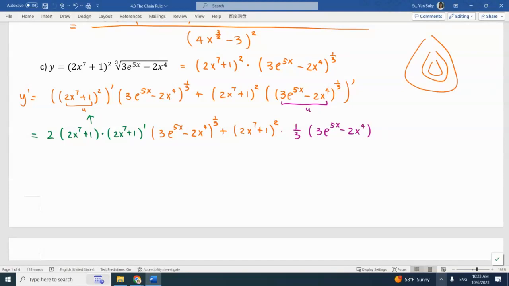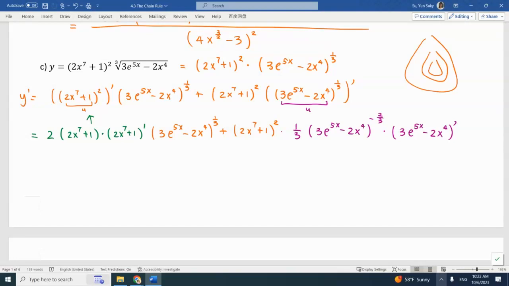Yes, negative 2/3, and then times u prime. So 3e to the 5x minus 2x to the 4, prime. Is that okay, everybody? See, here you actually see the u 3 times.